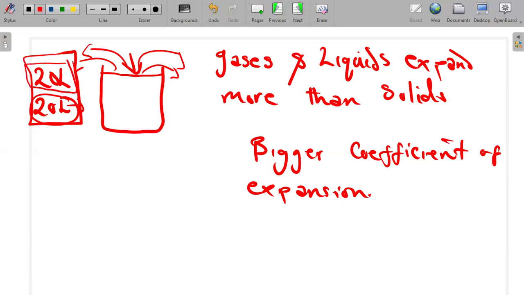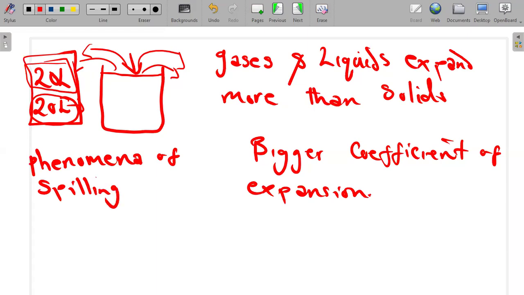We know the tank, made of a metal, or in short a solid, is also going to be expanding, but it is not going to expand in the same way as the liquid, because naturally liquids and gases have higher coefficients of expansion as opposed to metals. So this is what we call the phenomenon of spilling, like that.